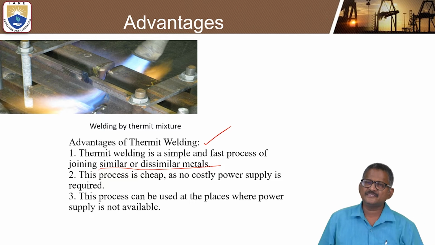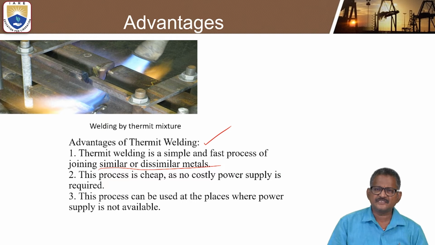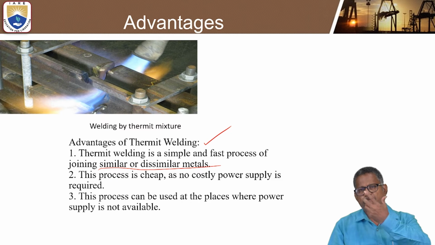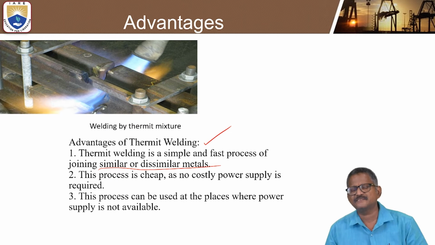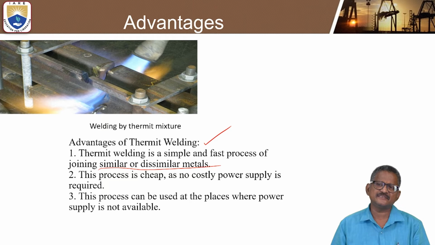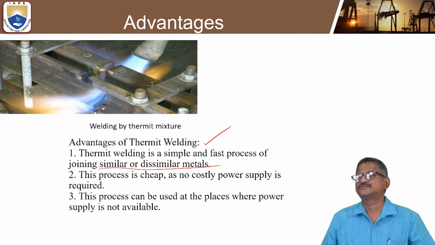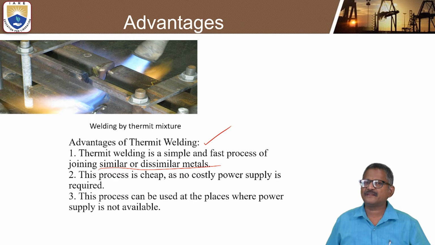This process is very cheap and no costly power source is required. It can also be used at places where power supply is not available. So that is what I have explained.